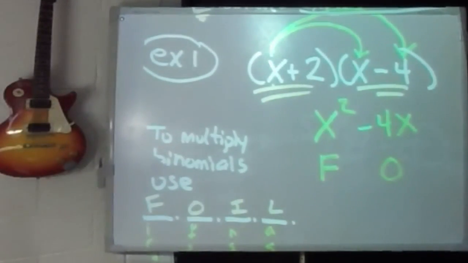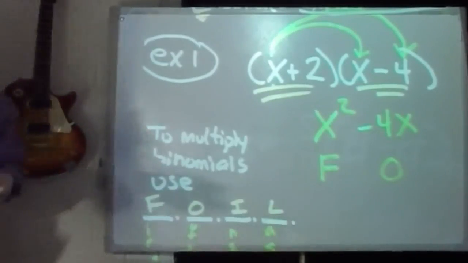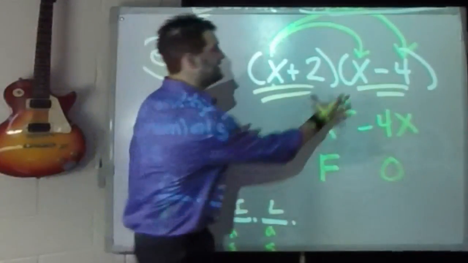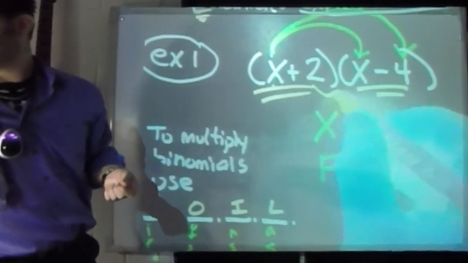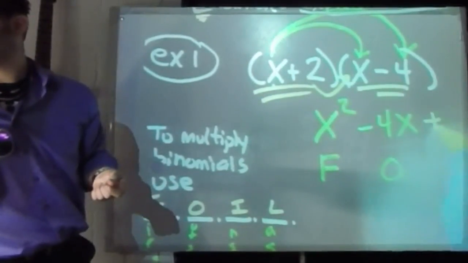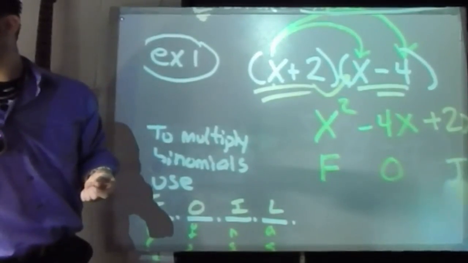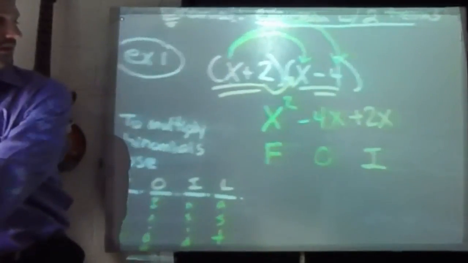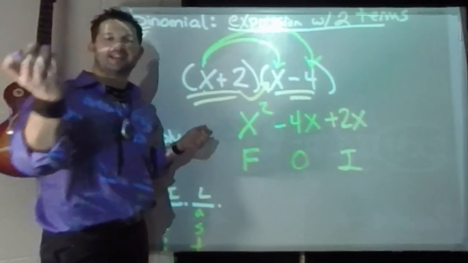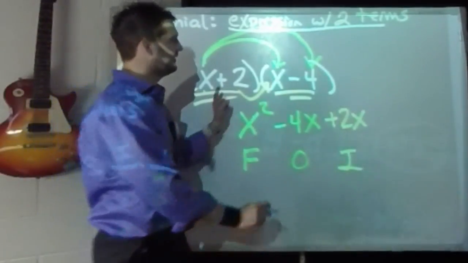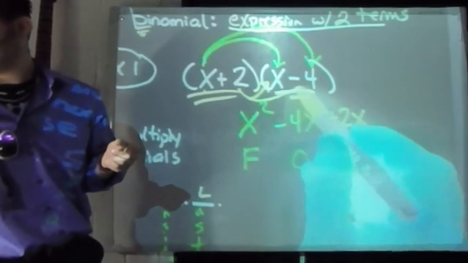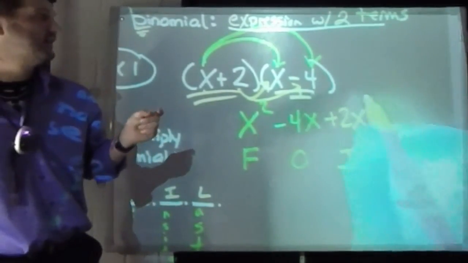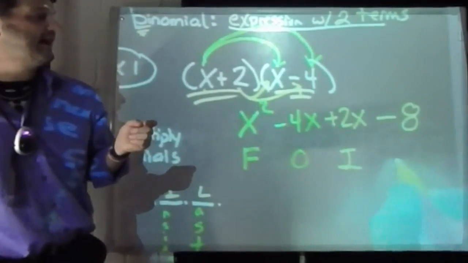Now I go below and do my I, which is the inside two pieces. 2 times x makes 2x. That's your I. And when I say L, I mean the last piece of each binomial. That's the 2 and the negative 4. What is 2 times negative 4? Negative 8. There's your L.